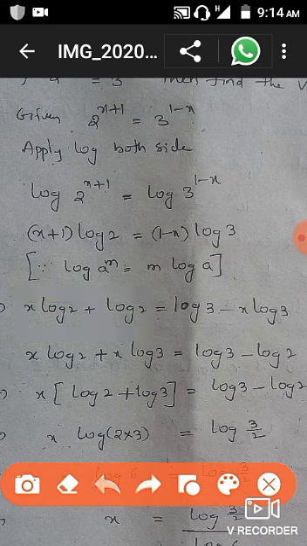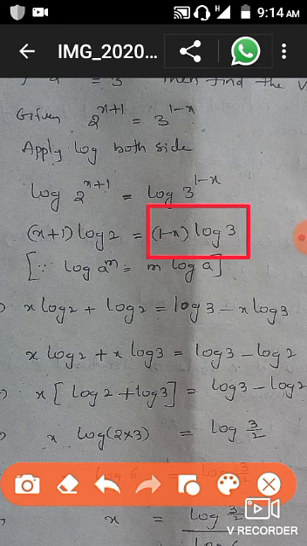The same way here, log 3 multiplies with 1 minus x. So log 3 multiplies with 1, giving 1 into log 3, and minus log 3 multiplies with x, giving minus x log 3.